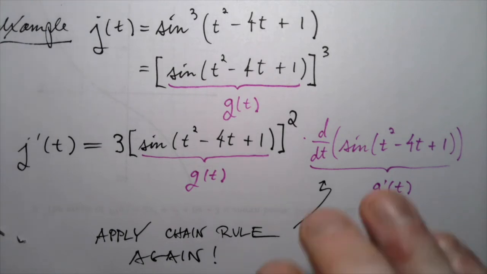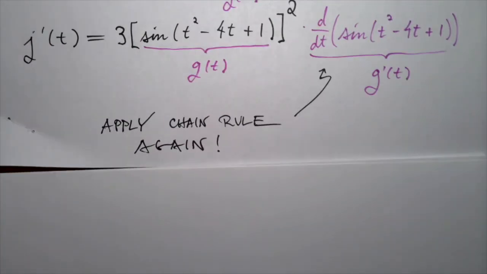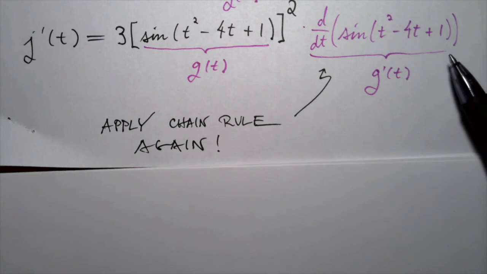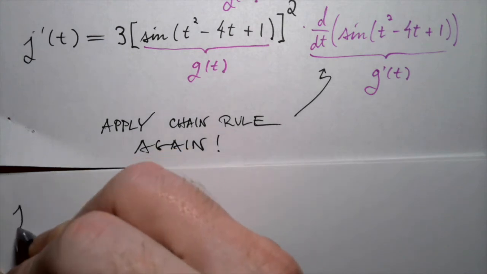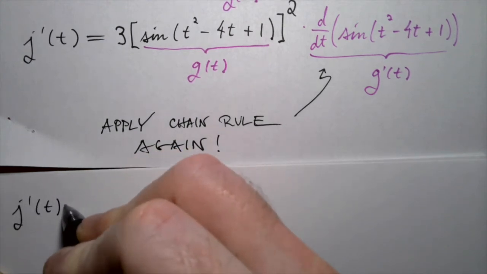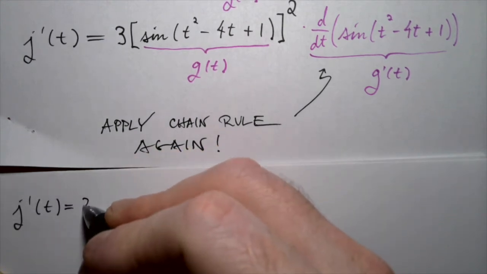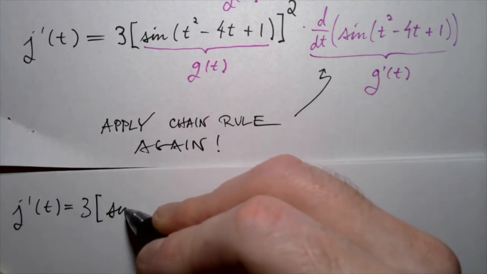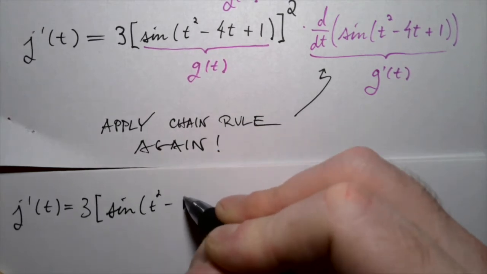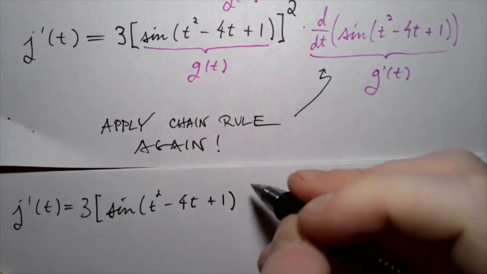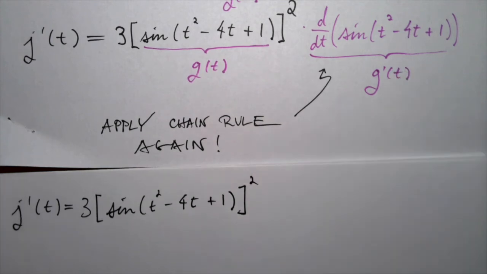If you like, you could compute this derivative on your own as a separate problem, but I'm going to keep all the notation present because I don't want to forget that first term that we worked so hard to get. So I'm going to keep this first term; it's going to come along for the ride. And now we're going to take the derivative of sine of t squared minus 4t plus 1.